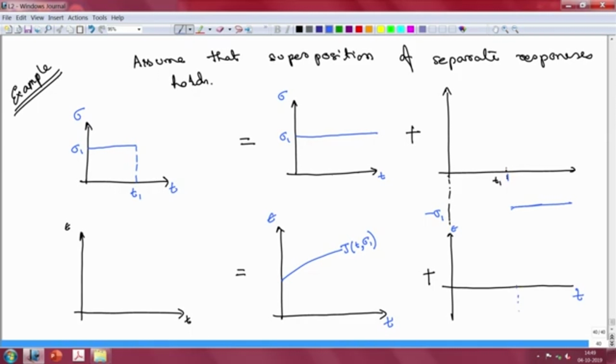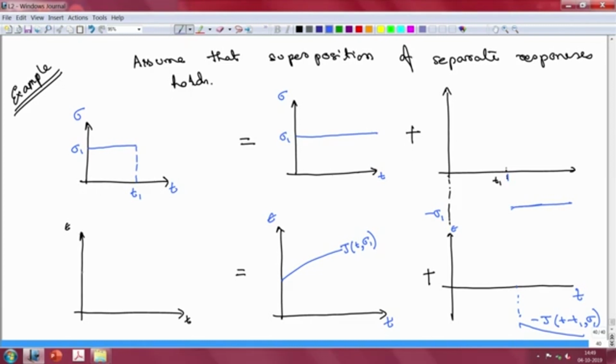For the other case, you now also have a response which is the negative of that. So, your final response should be the sum of these two if linearity holds.